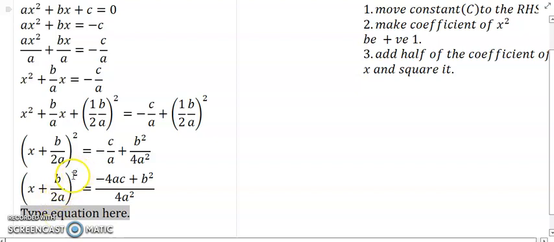To get rid of this squared, we will just bring this squared to the right hand side, and if we bring that to the right hand side, it will give us square root.